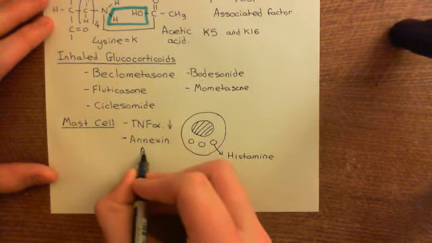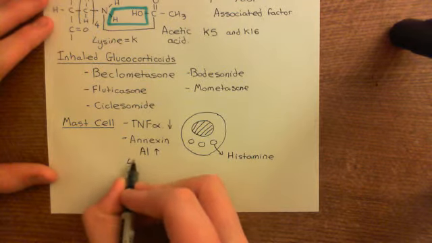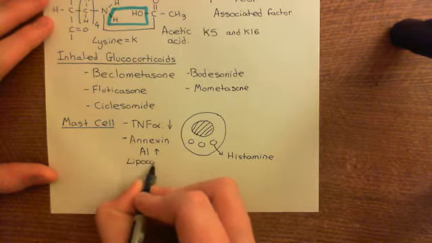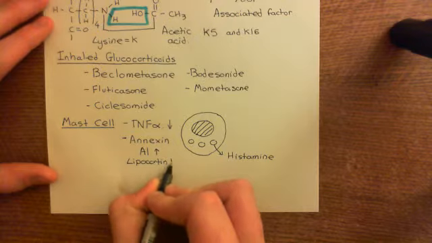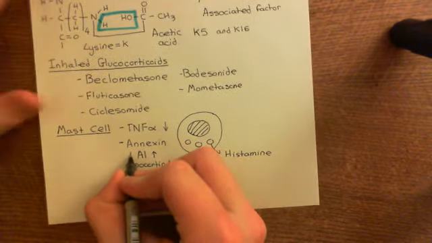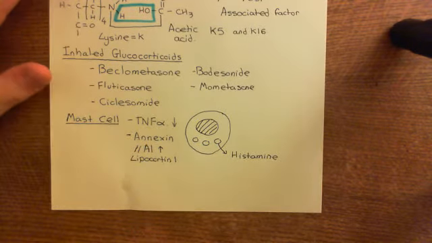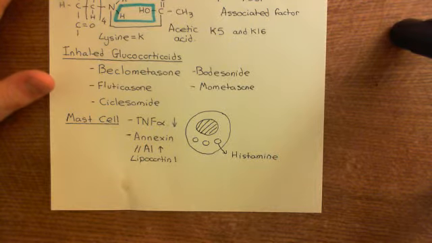So the next protein is annexin A1, okay, which is also called lipocortin 1. So lipocortin 1 or annexin A1, they're both the same protein, basically. They're 2 different names for the same protein. Okay, so within these mast cells, you're going to increase the expression of annexin A1 / lipocortin 1. So you're going to start producing this new protein.